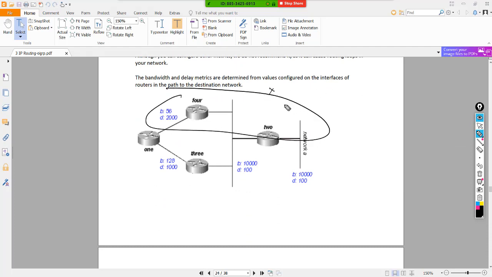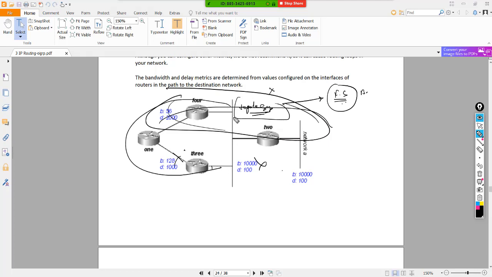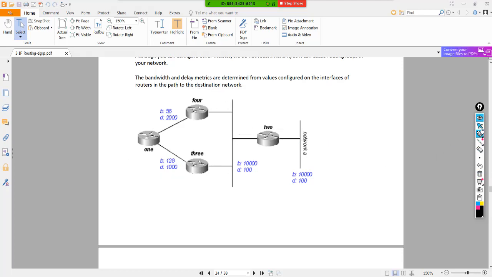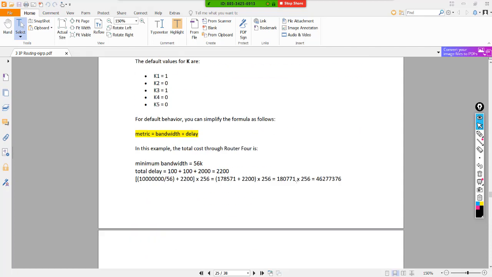No. In the case of EIGRP, as I told, this will be called a feasible successor. If for some reason the main path goes down, we have this inside our topology table. Inside our topology table, this route will act as a feasible successor, which is a backup link, and it will immediately be put up in the routing table as soon as the main link goes down.